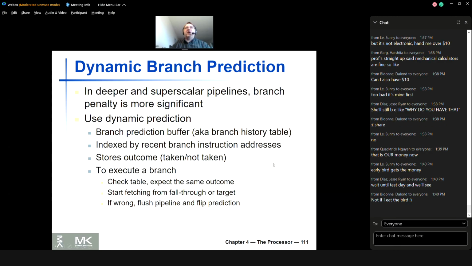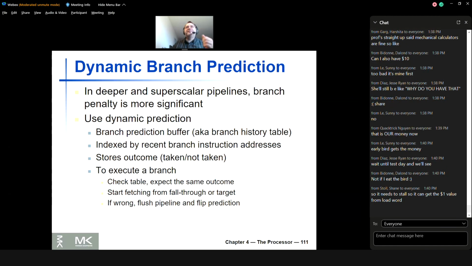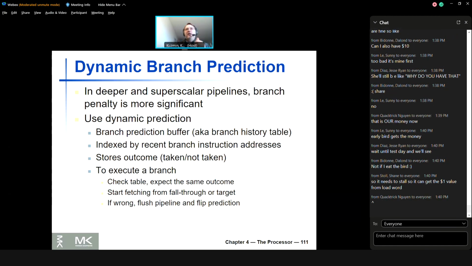All right, so dynamic branch prediction. And we are getting into more complicated stuff, so we are probably not going to be spending as much time on it. I know just a general understanding of what's going on is important. Remember, we mentioned static prediction and dynamic branch prediction.